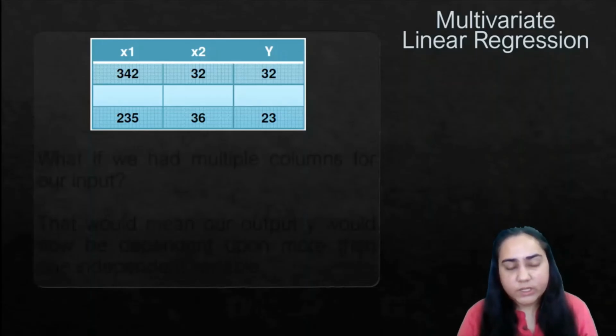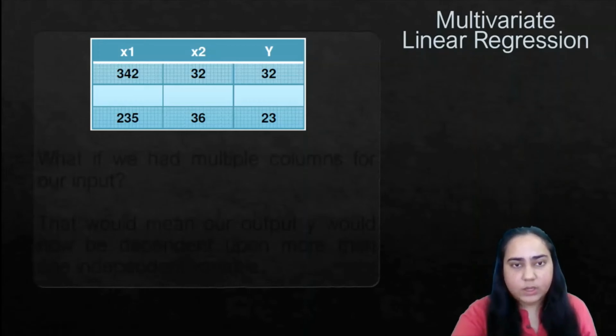So multivariate linear regression is when you have multiple x variables, multiple independent variables on which y depends. And you can see it in this type of a table. There is x1, there is x2, and then there's one y column. So there are multiple x variables, independent variables, and you want to predict y using those independent variables.